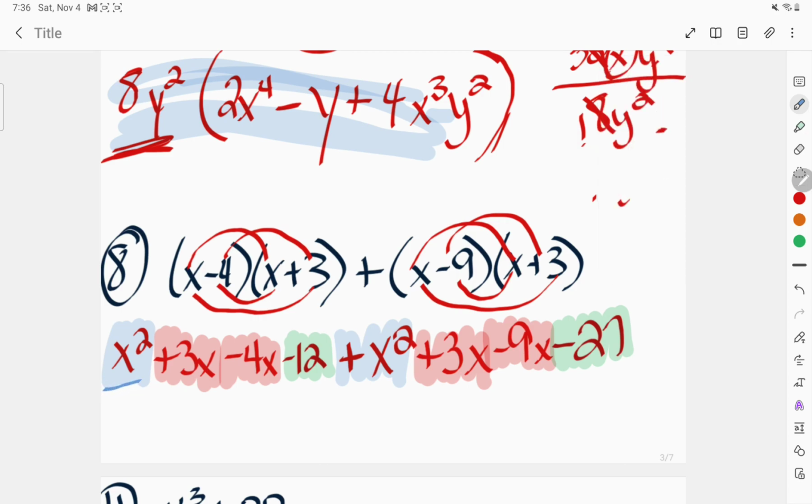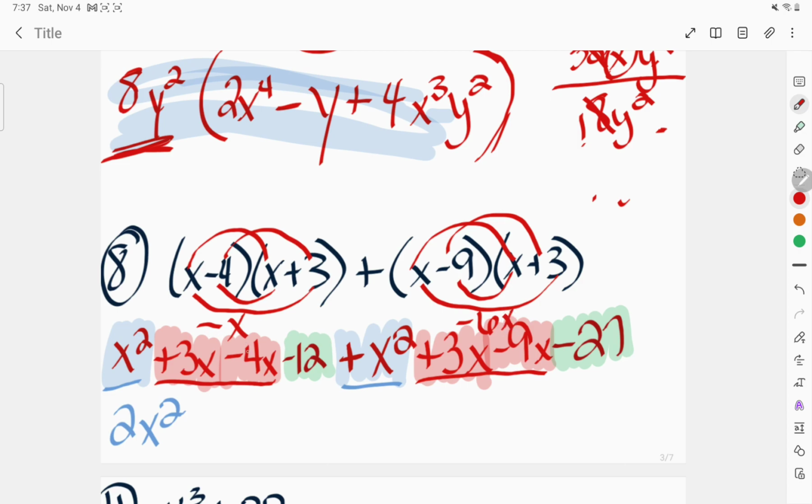So positive x squared plus x squared gives me 2x squared. Positive 3x minus 4x is going to give me negative x. So this is negative x. Positive 3x minus 9x is negative 6x.